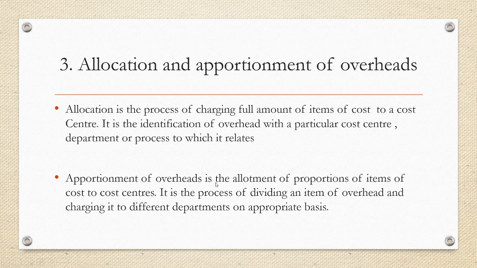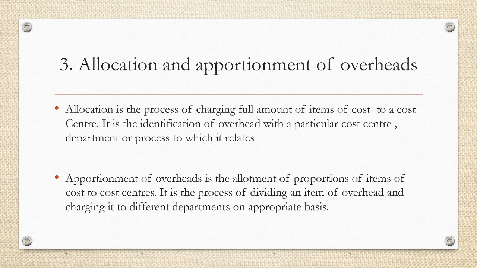Apportionment of overheads is the allotment of proportion of items of cost to cost centers. It is the process of dividing an item of overhead and charging it to different departments on an appropriate basis. For example, in the same organization with one production department and one service department, we have expenses on lighting.